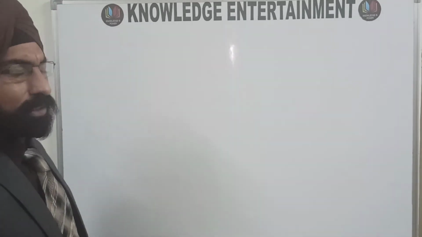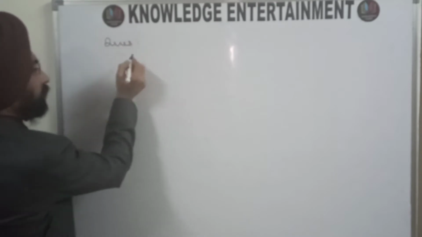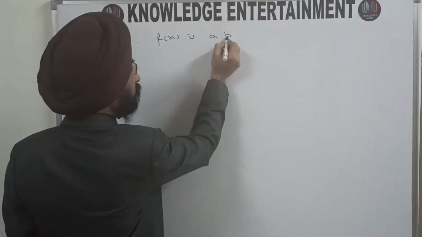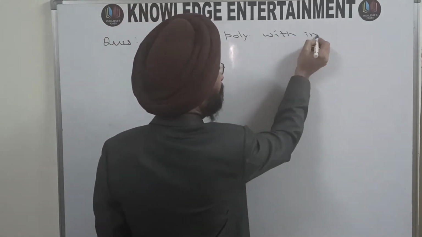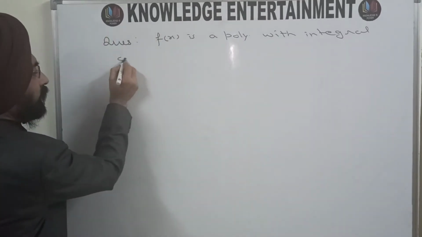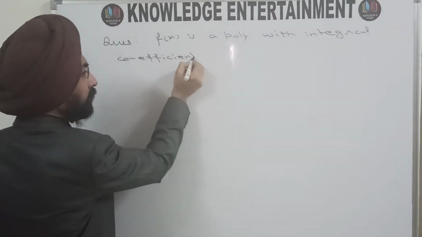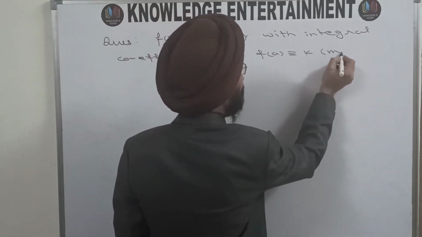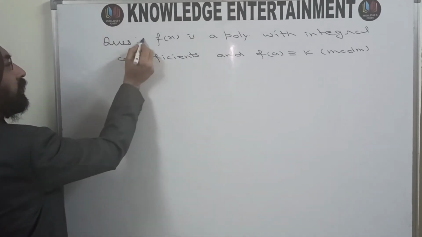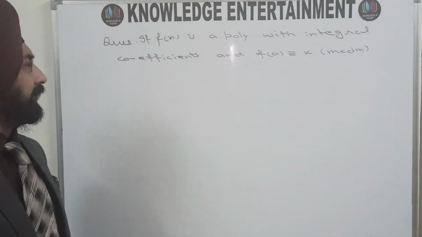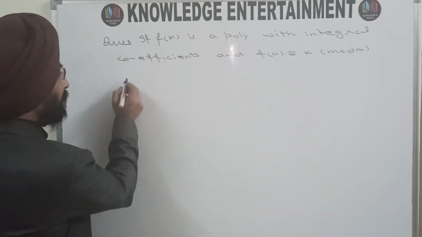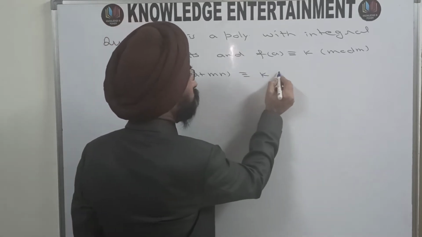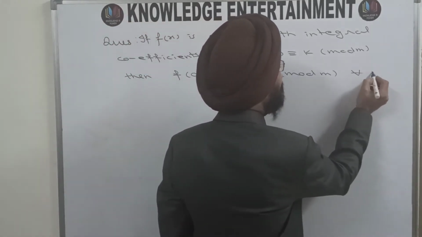Another question I'm taking once again, very easy question. If f(x) is a polynomial with integral coefficients and f(a) is congruent to k modulo m, then f(a plus mn) is also congruent to k modulo m for every integer n.